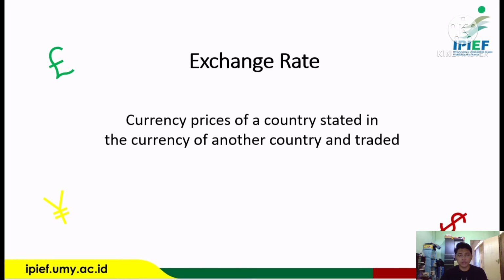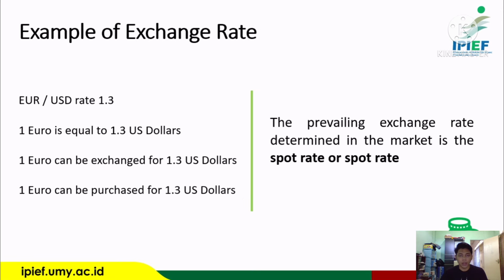In terms of the exchange rate, the exchange rate itself is the price of a country's currency stated in the currency of another country. As an example, take a look at my presentation.